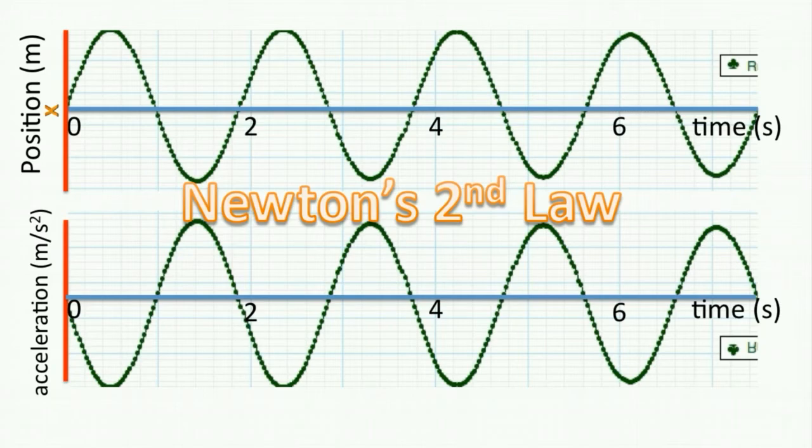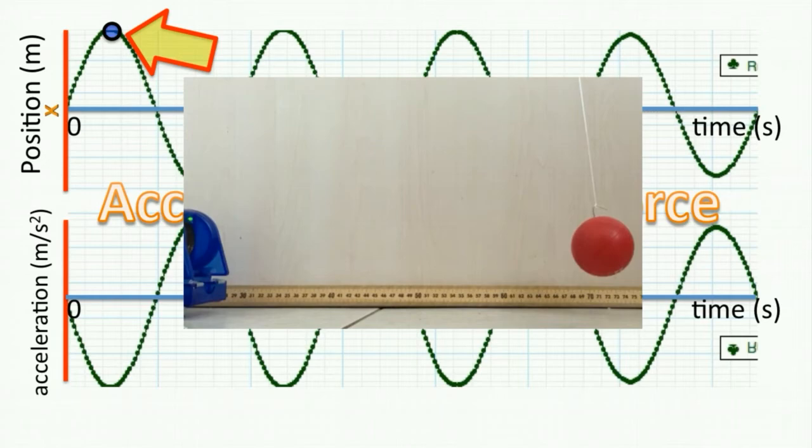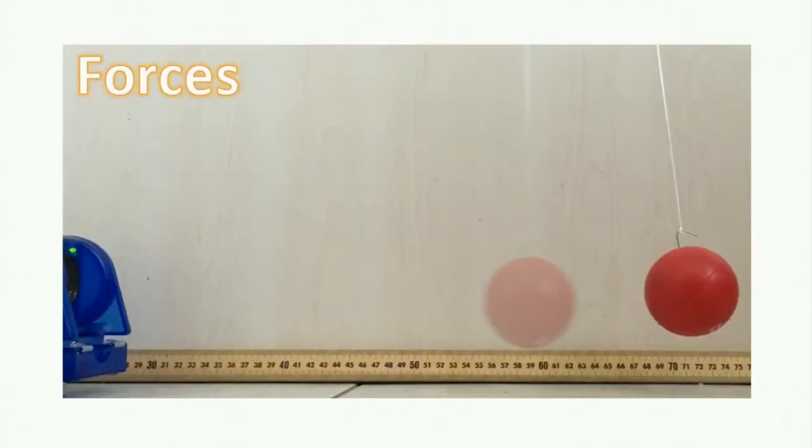To explore this, we'll look at Newton's second law. Specifically, acceleration is proportional to net force. So let's examine that position there, when the pendulum is furthest away from the sensor. Well, that lines up with a negative acceleration. So examining the forces, gravity acts downwards, and tension acts along the direction of the string.